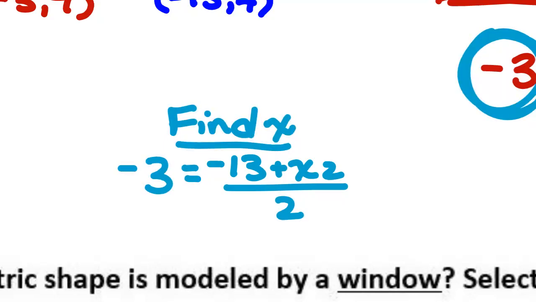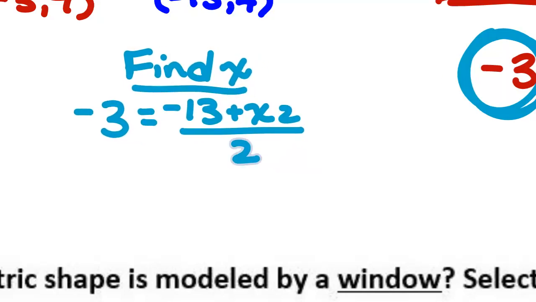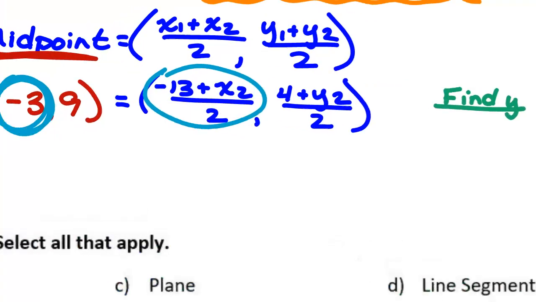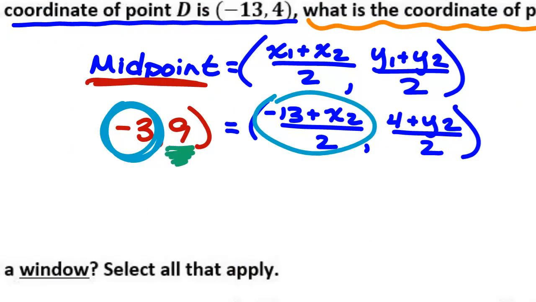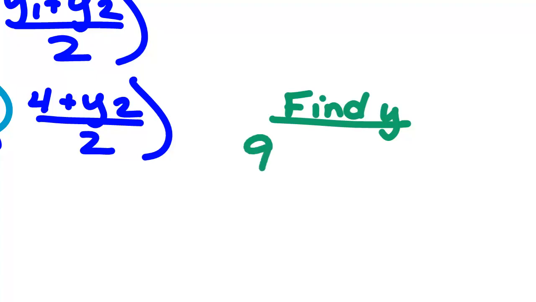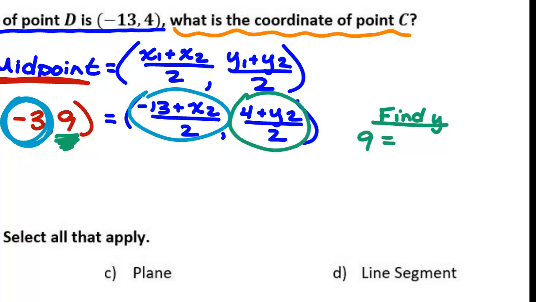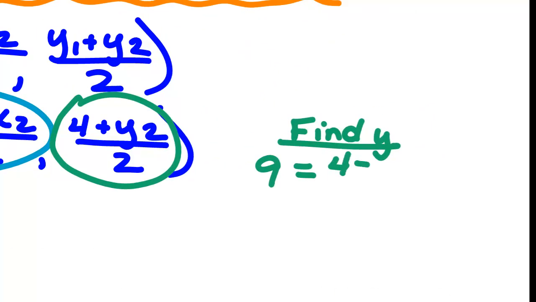And then we're going to go and find y. So to find y, same type of thing, except now I want the y part of my midpoint, 9. And then I need this equal sign right here. And then I want my y fraction, 4 plus y2 over 2.